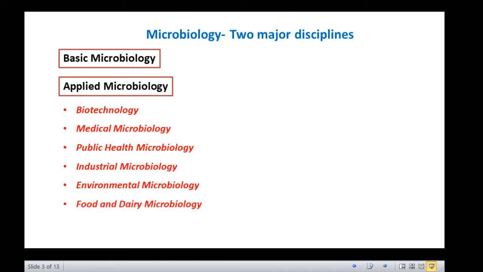Food and dairy microbiology is concerned with the prevention of microbial spoilage and the transmission of foodborne diseases. It also deals with the use of microorganisms to make food such as cheese, pickles, and beverages.